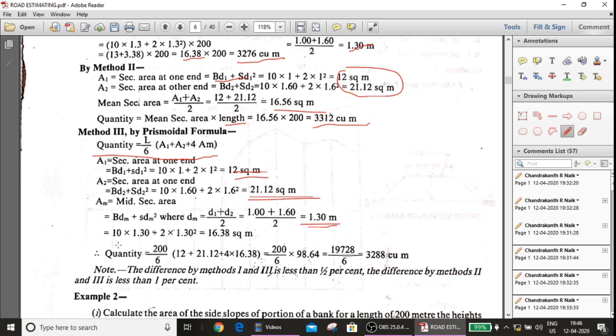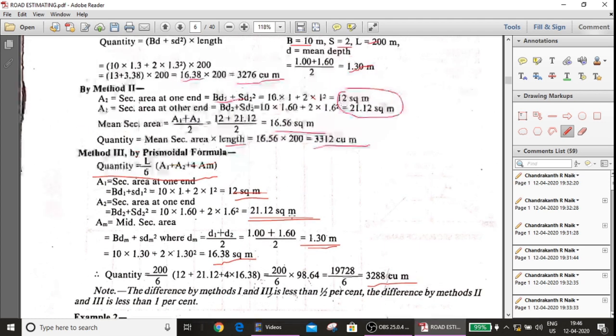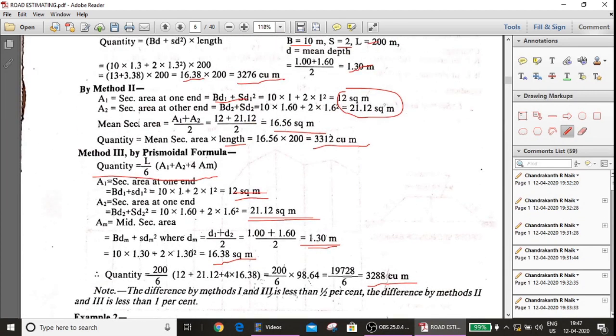Now substitute, and we will get AM as 16.38. So quantity is equal to 200 by 6 into (A1 plus A2 plus 4 into AM), we will get 3288 cubic meters, which is the accurate one. The difference of methods 1 and 3 is less than half percent. The difference of methods 2 and 3 is less than 1%. So this just shows how the values will come.